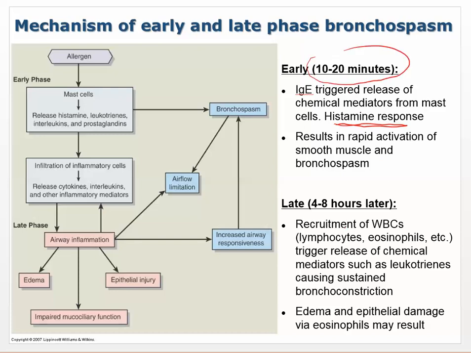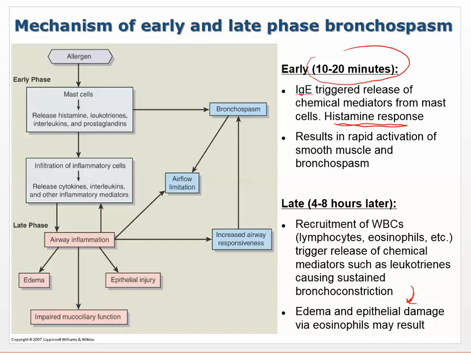But then we kind of get recruitment of white blood cells, lymphocytes, eosinophils. Eosinophils can cause some damage. They have proteases that break down proteins, which is not so good. But those are recruited.